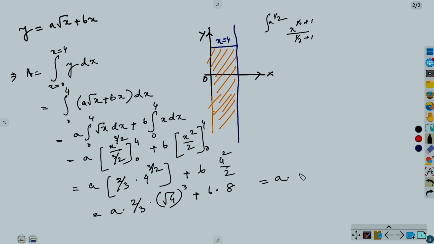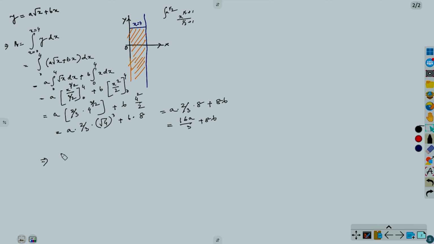A times 2 by 3 times 2 cubed, 8, plus 8b. If we simplify this, this is 16a by 3 plus 8b. Okay, so you obtain the area as 16a by 3 plus 8b.